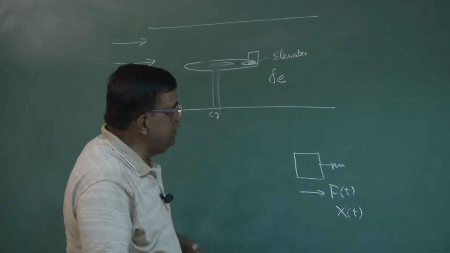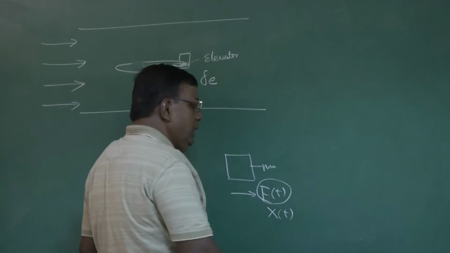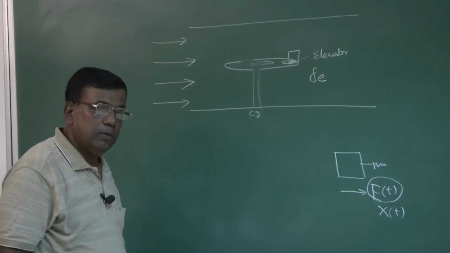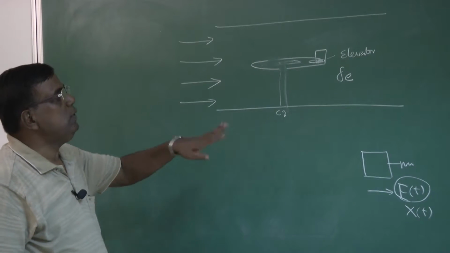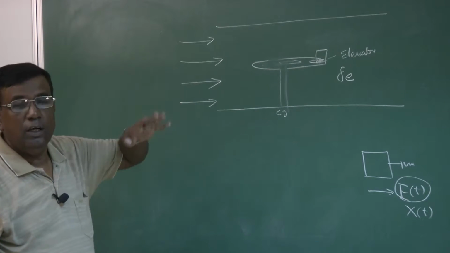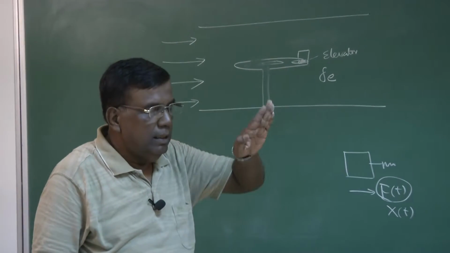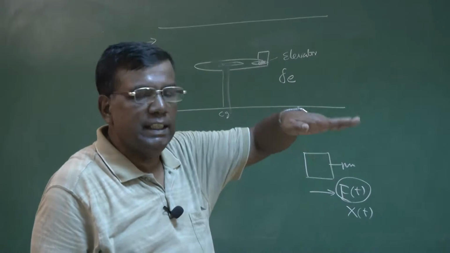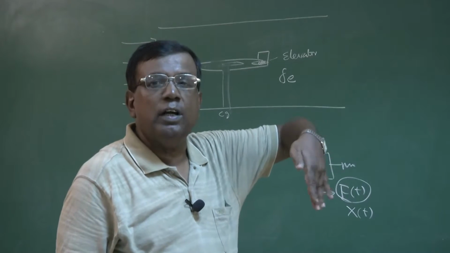So whatever this forcing function was doing as a force, here that force is replaced by a moment. What type of moment? It is the moment about the y-axis. This is pitching, so it is called the pitching moment.